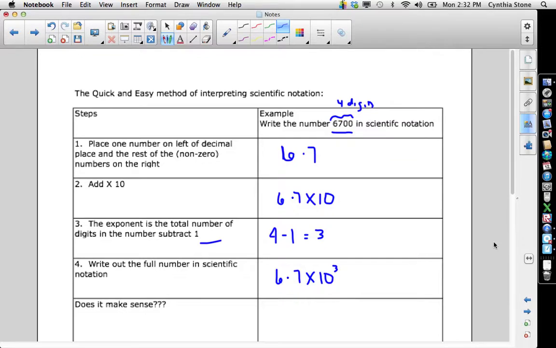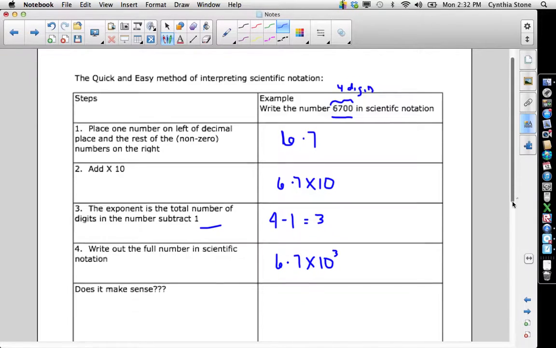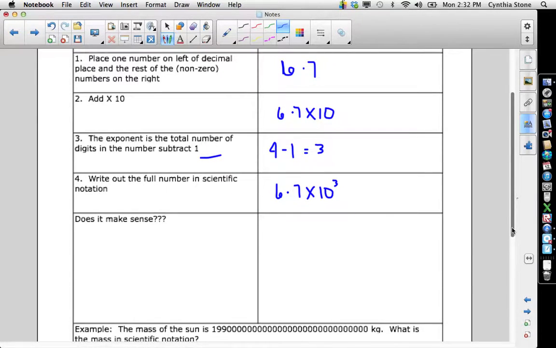And then the question of whether it makes sense again is not necessary for you to do every time you do it, but it's that same thing. That would really mean 6.7 times 10 times 10 times 10, right? 10 to the 3, 1, 2, 3. Just work our way back up, right?